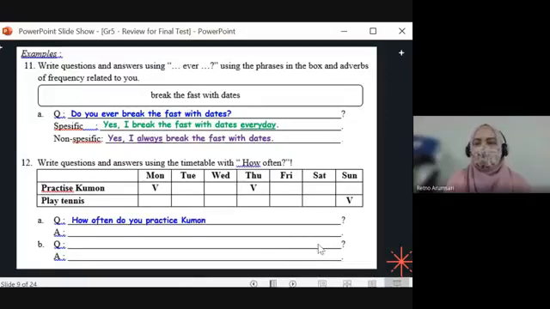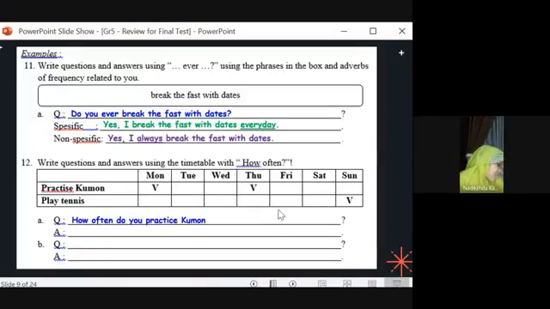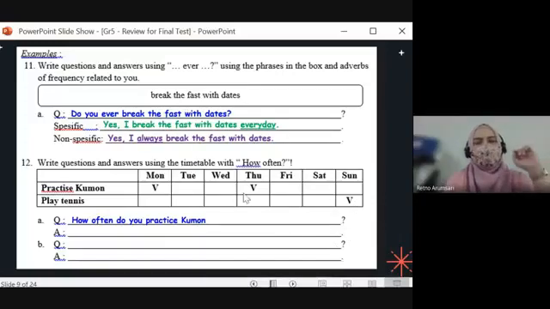And how do you answer that? Use the timetable.